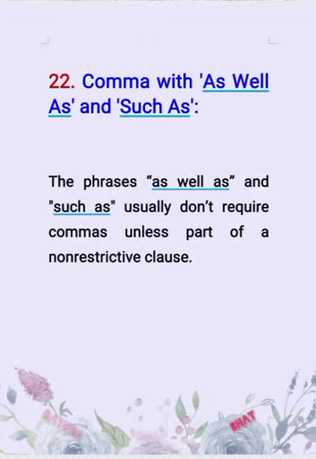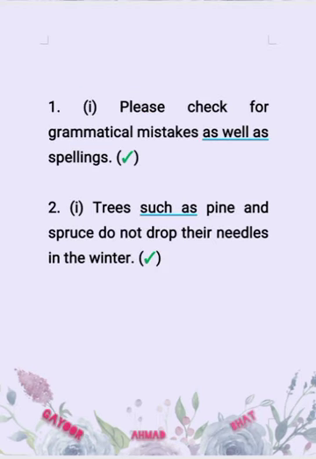Number 22, use of comma with as well as and such as. Friends, the phrases as well as and such as usually don't require commas unless part of a non-restrictive clause. For example, please check for grammatical mistakes as well as spellings.